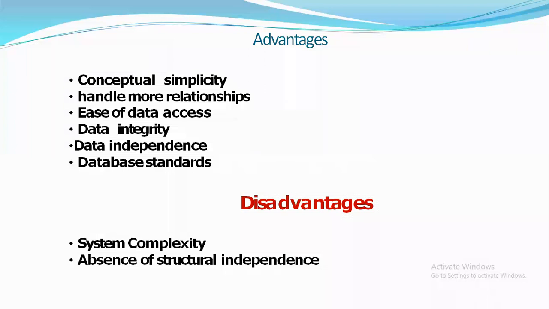However, we are not using this model, because of system complexity. What is system complexity? To implement a graph, we use two techniques: one is an array, and another is a linked list. When you represent it with arrays, it is a static methodology, and we know there are many disadvantages of static allocation.